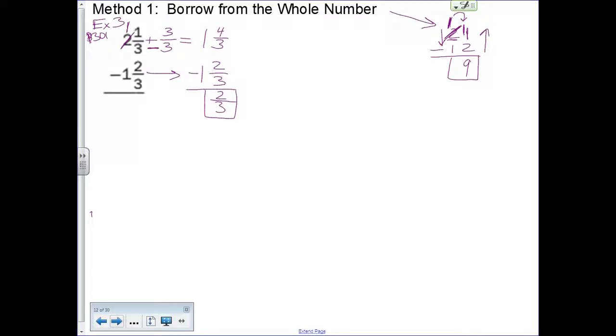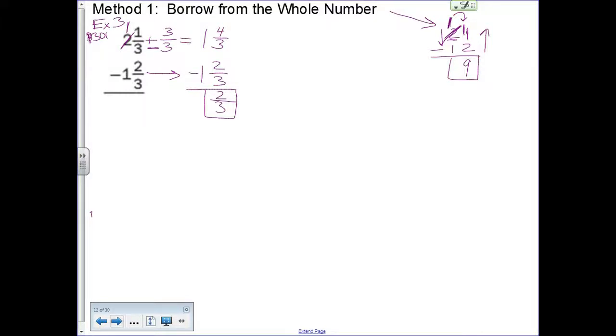There is another way of doing this problem called method 2. However, it only really works with small numbers like these. And so I really don't even want to show you it. If you want to look at method 2, it requires you changing both of these mixed numbers into improper fractions before you subtract. The only problem with that is if your numbers get bigger, it becomes harder to do because you get large numbers when you multiply.